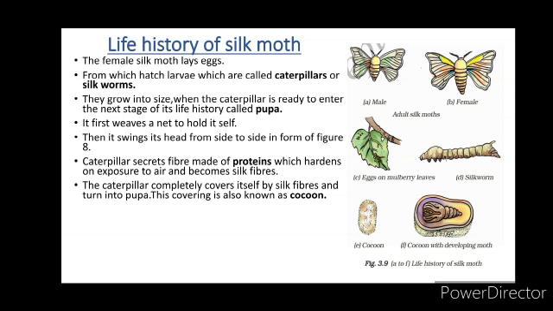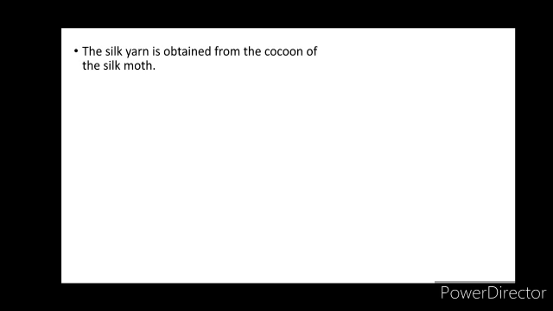Can you imagine that soft silk yarn or thread is as strong as a comparable thread of steel? The silk yarn is obtained from the cocoon of the silk moth, right?